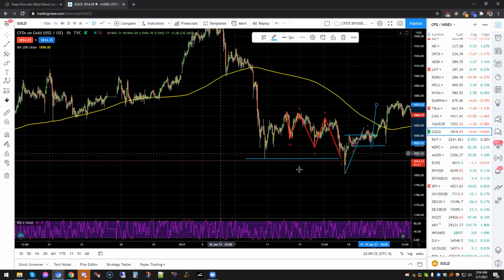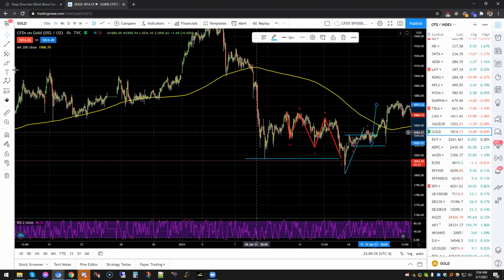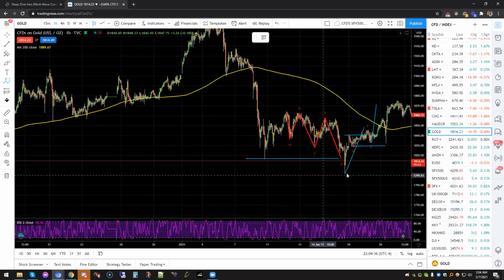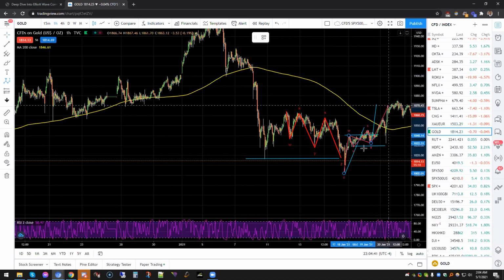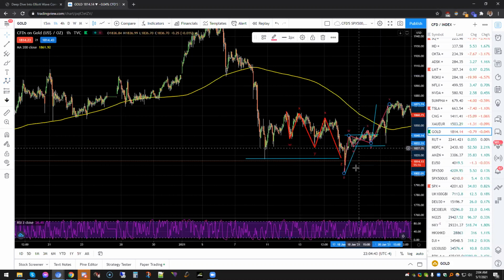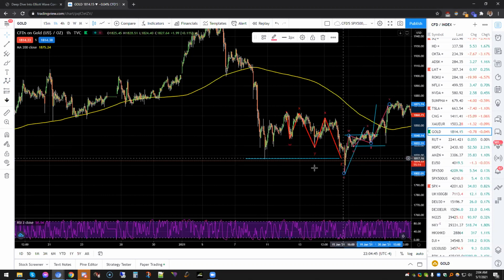So now I would look at this and I would say W, X, and Y would be ending in that area. Okay, so after I got this WXY, with this being a flat pattern formation, this wave could extend and become a 5-wave move, or it could end as a 3-wave move.